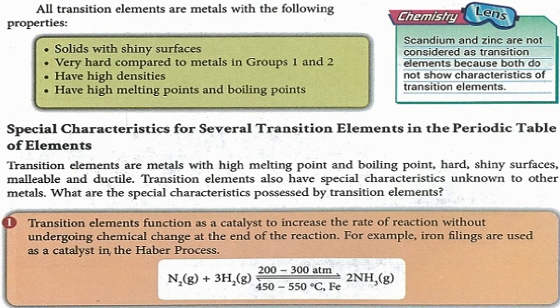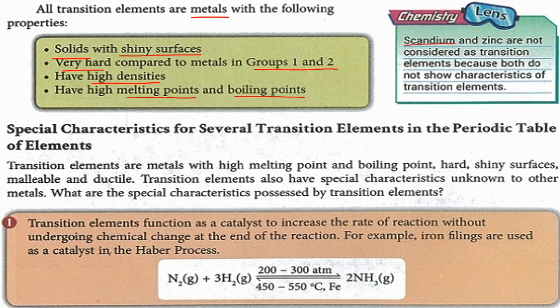So all transition elements are metal with the following properties. They are solids with shiny surfaces, very hard when we compare to the metals in group 1 and group 2, having high densities, have high melting points and also boiling points.